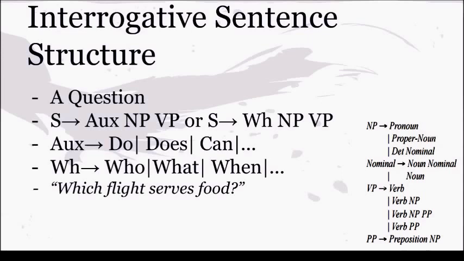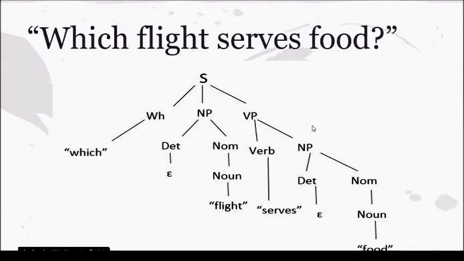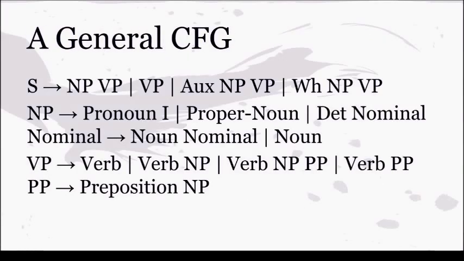For example, which flight serves food? Again, the CFG is parsing the example. So this is an updated version of the previous CFG. As you can see, S has been given the different possibilities of the three sentence structures.